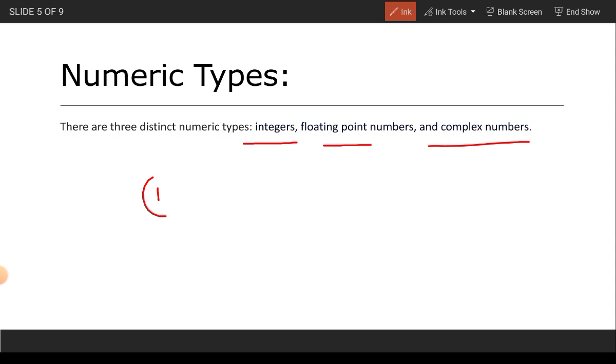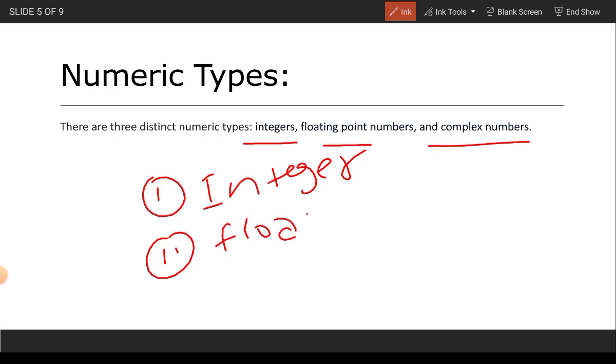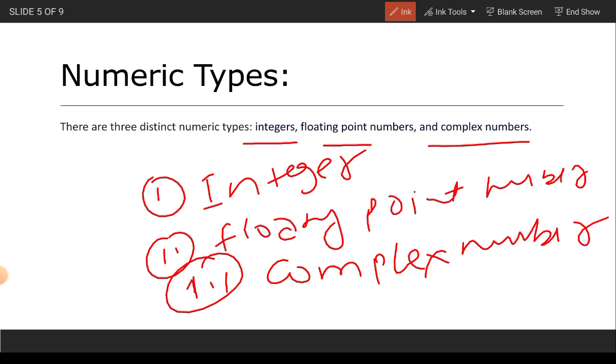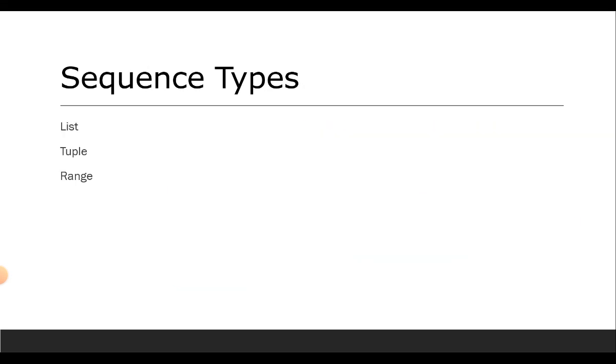So the first one is integer, second one is floating point number, and third one is complex number. Okay, so these are the three types of numeric data types. We know the definition of integer, and the same way floating point number and complex number. Okay, moving forward, next slide.